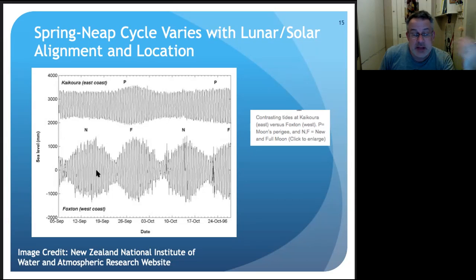Why is that, you might ask? Well, it's because of the wave theory of tides. The equilibrium theory of tides would not predict this kind of regional deviation, but the wave theory of tides will, the dynamic theory of tides. There's going to be waves that resonate in some places and not in other places. And so that's going to give us a big distinction between springs and neaps.